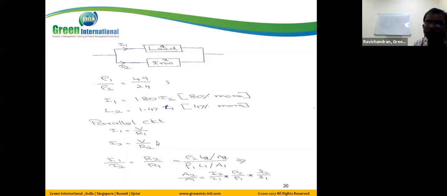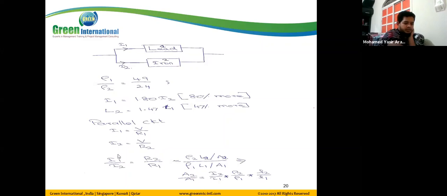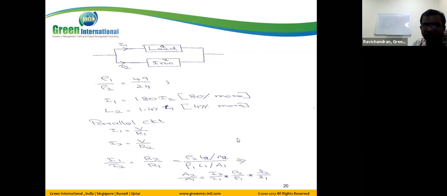So from these equations, because we know the resistance formula R is equal to rho L by A, we substitute these values into rho L by A. Finally, we get these equations: A2 by A1 is equal to I2 by I1 into rho 2 by rho 1 into L2 by L1.